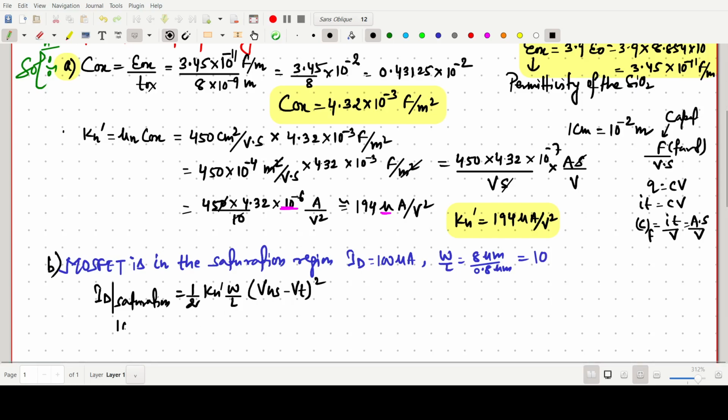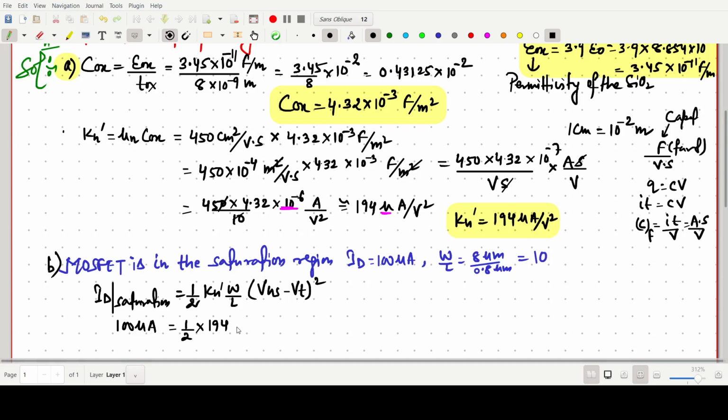This one is 100 microampere. So I am writing in full, it should be 1 by 2, K and S we have already calculated, 194 micro ampere per volt square. Then W by L is simply our 10. So 10, and here I am writing VGS minus VT whole square.